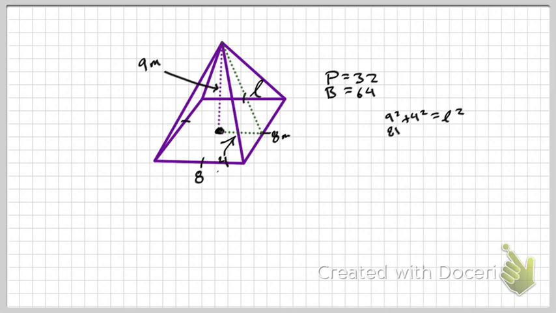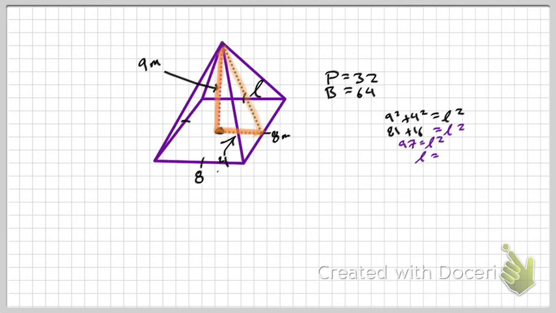We have a right triangle here, made by the slant height, the radius, and the height of the pyramid. So 81 plus 16 equals L squared. 81 plus 16 is 97, so 97 equals L squared.